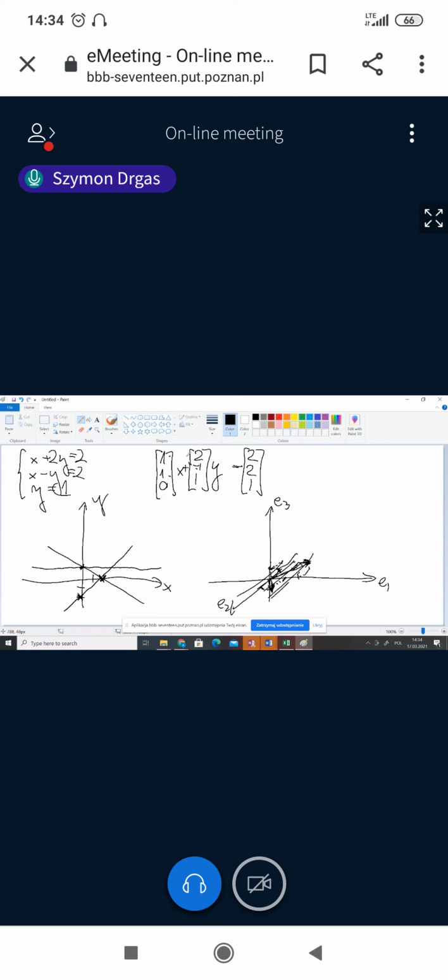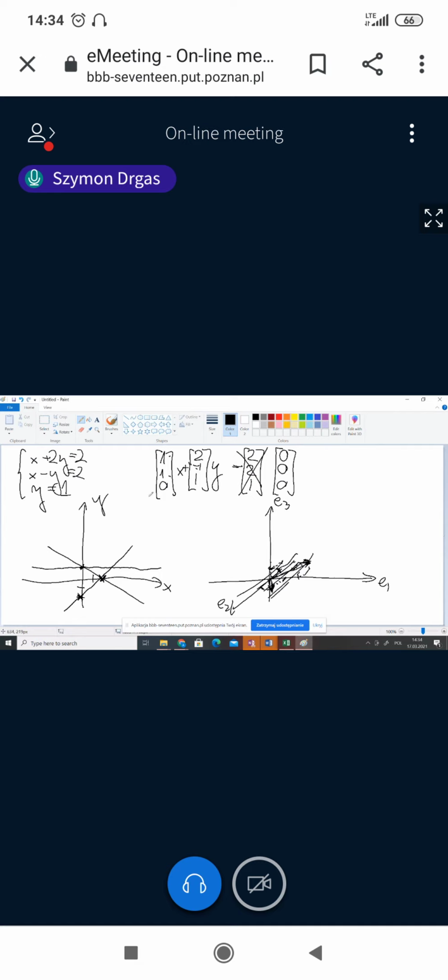In the column picture, it will be easy to solve, because we can obtain the right vector by substituting 0 and 0 for x and y.